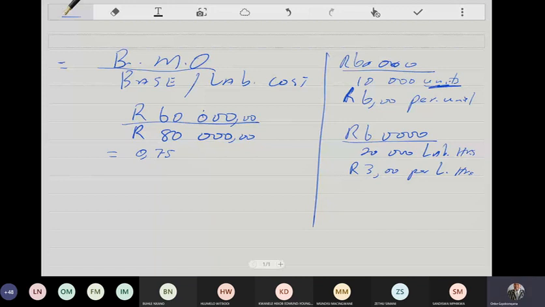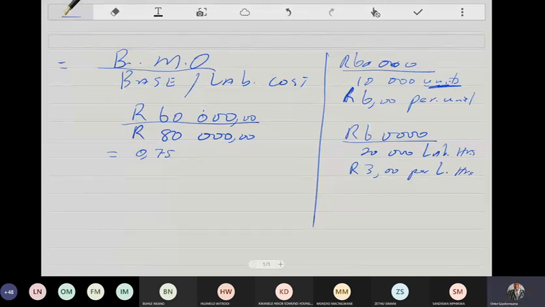If you divide a rand amount by another rand amount, you're going to get a percentage.